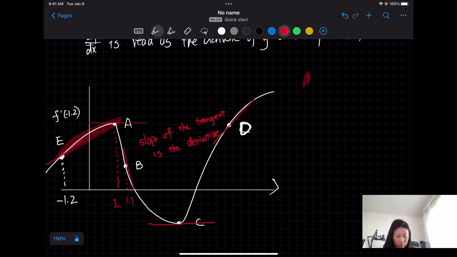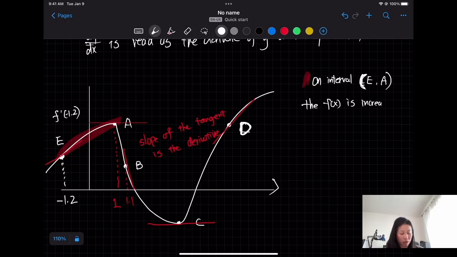On the interval from E to A, let's do an open interval, because when it comes to point A, this is going to be flat-lined. The function f(x) is increasing, but what about the derivative?